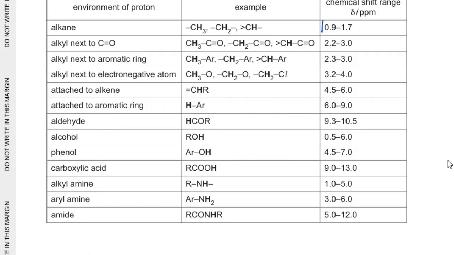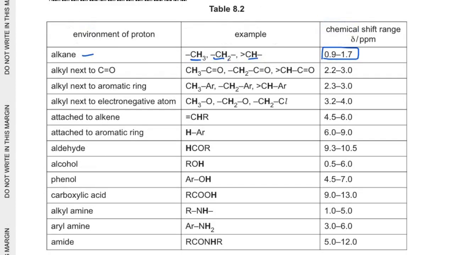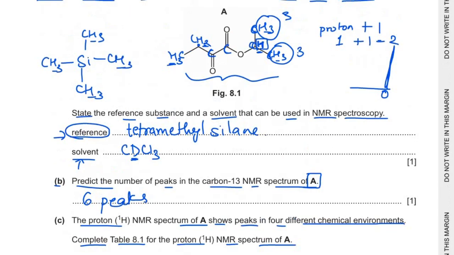Here we can see it is 1.10, where it can be CH3, CH2 or CH alkyl or alkane groups bonded to each other. If we have a look at the structure, this might be the proton which produces the chemical shift in the same environment. And how many protons are there on the adjacent carbon? 2.